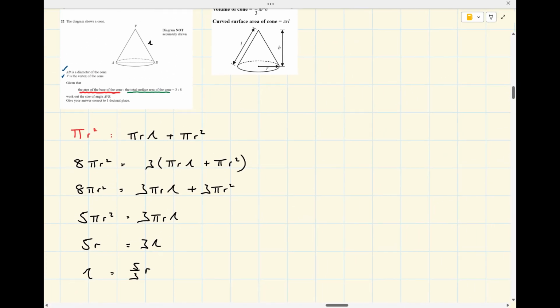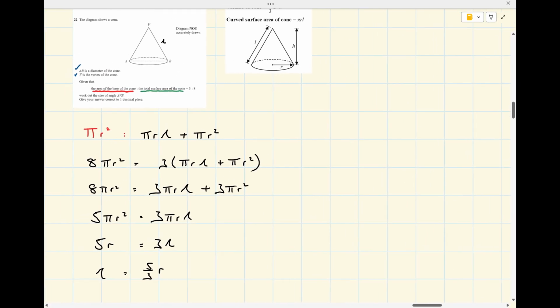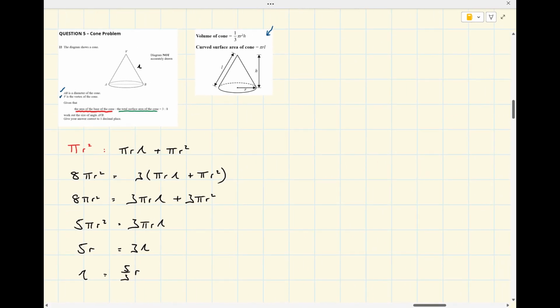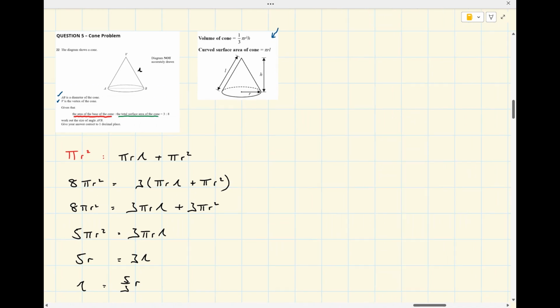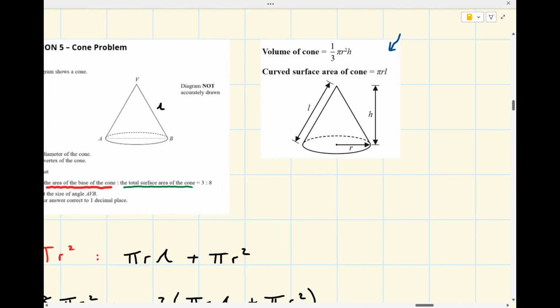All right. Let's have a think now about the question that we're asked. Work out the size of angle AVB. Let's have a look at AVB. A to V to B, we're being asked for that angle.